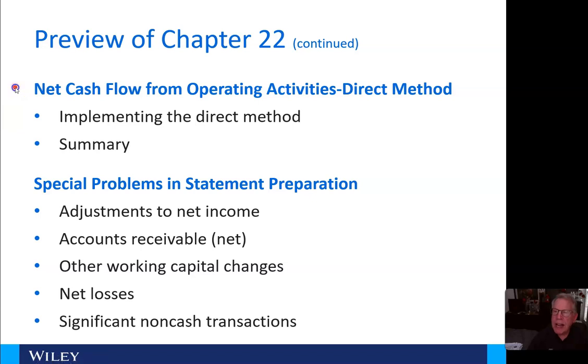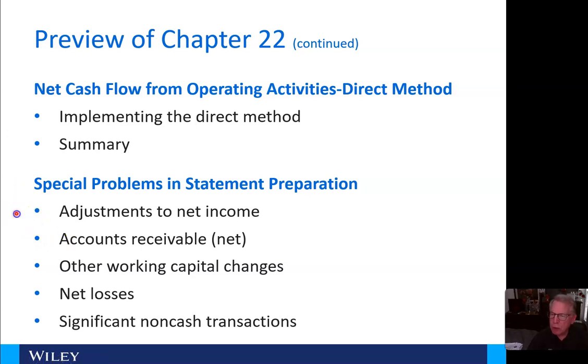From looking at the net cash flow from operating activities direct method, we're going to look at implementing the direct method. I would argue much more difficult than the indirect method, but we'll take a look at the summary of that as well. Special problems in the statement preparation.